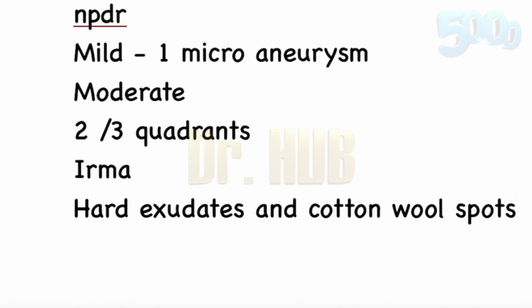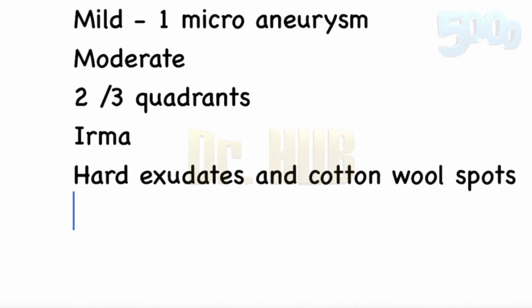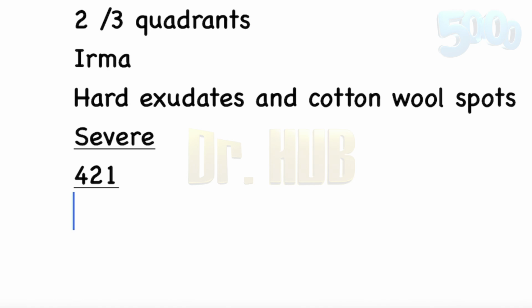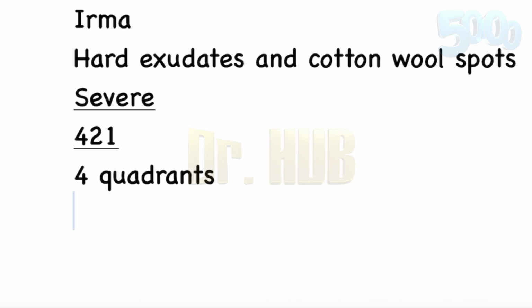Then we move on to the severe. Under severe, there is the 4-to-1 rule. What is the 4-to-1 rule? It means there are 4 quadrants of microaneurysms and extensive intraretinal hemorrhages. 4 quadrants are involved, and 2 quadrants are involved in the venous bleeding, so 2 for the venous bleed.